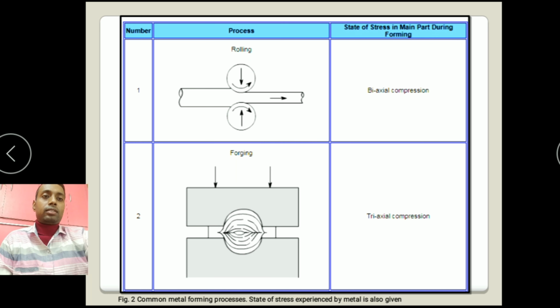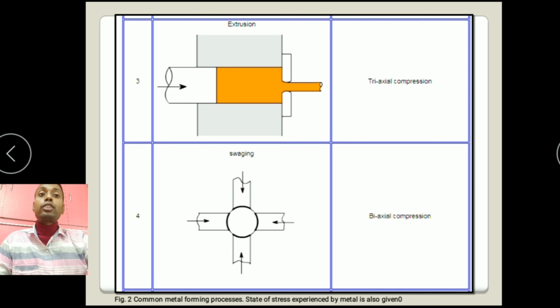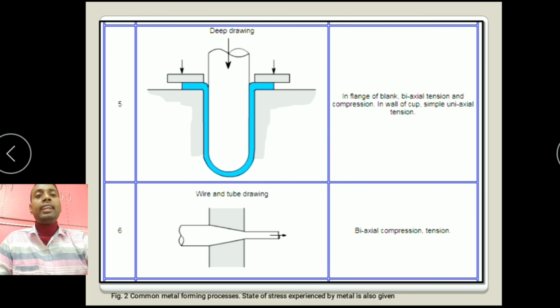In rolling process, biaxial compression force is required. In forging, triaxial compression is required. In extrusion process, triaxial compression is required. In swaging, biaxial compression is required. In deep drawing process, in the flange of the blank, biaxial tension and compression.